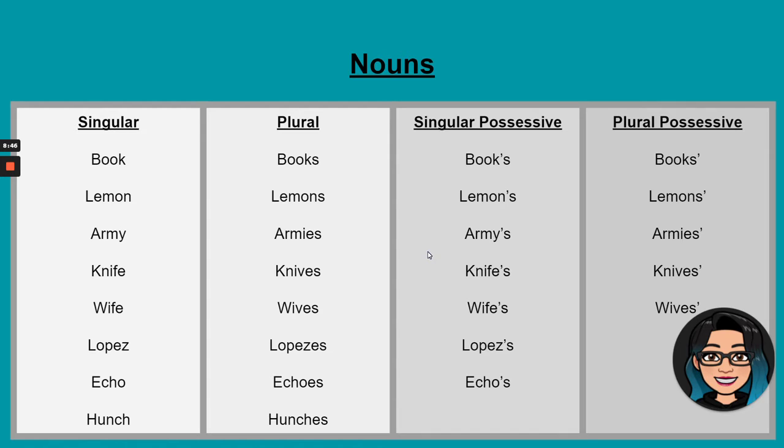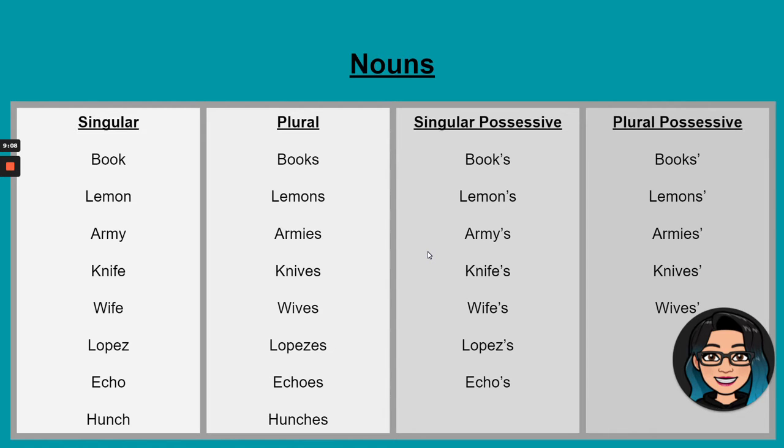So it's going to be LOPEZES. So for singular possessive, when it's possessive and it's a name, like a last name, we cannot change the integrity of the word. So it is going to continue to be Lopez with an apostrophe S.